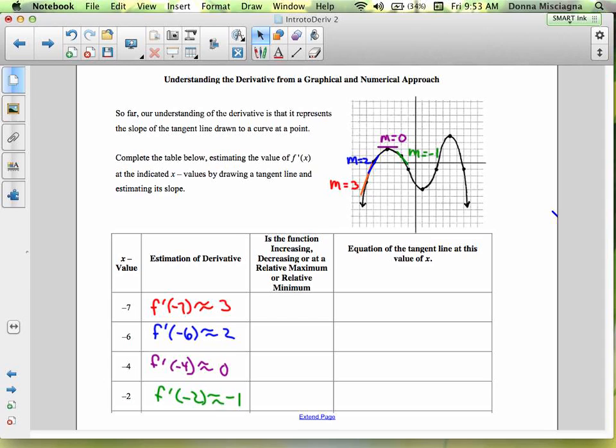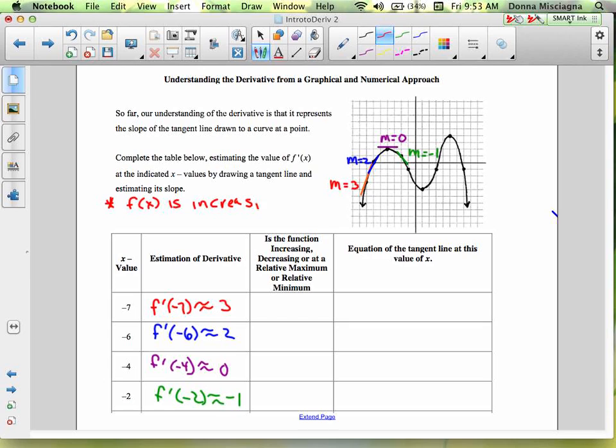All right, so let's put this right in our notes. f of x is increasing when f prime of x is positive.